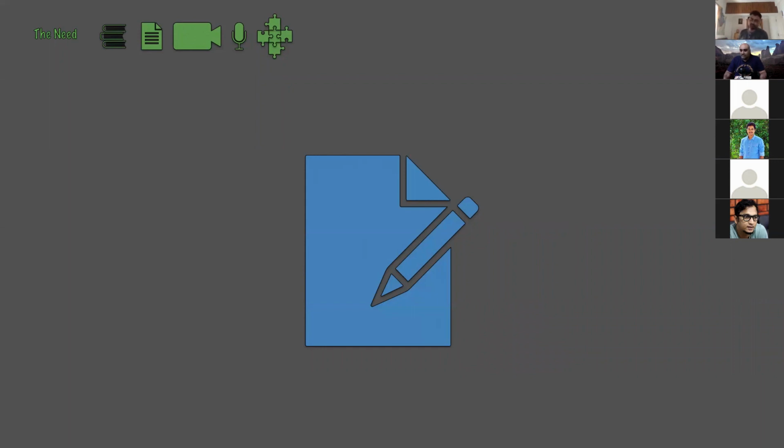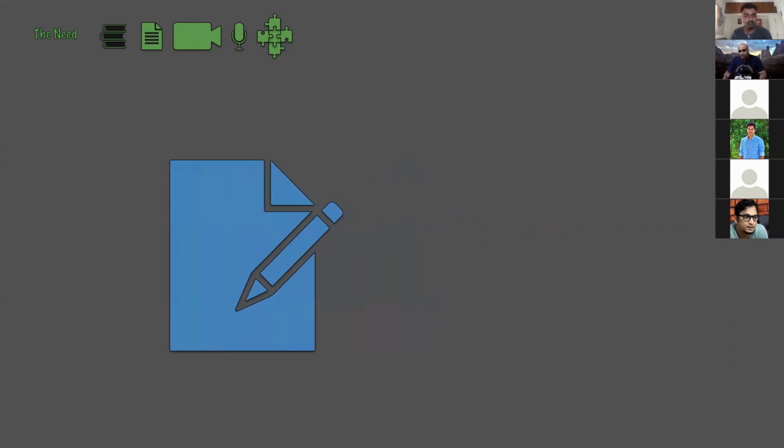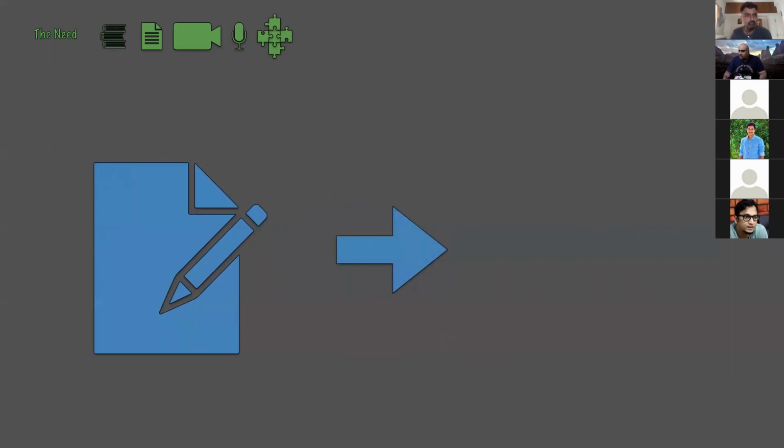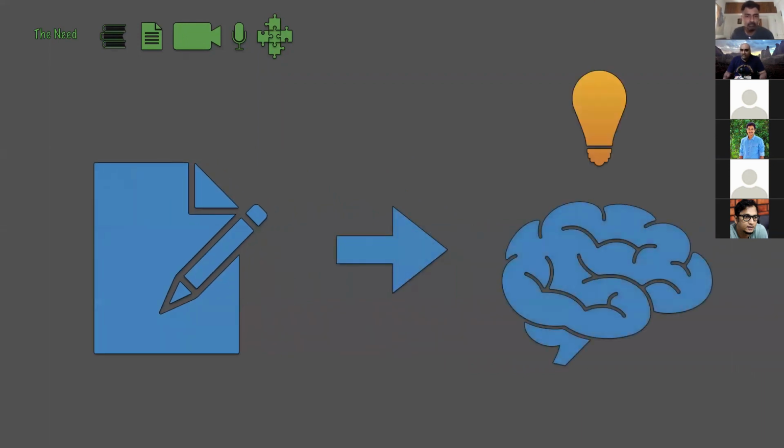So there are solutions available to many of these problems. It's just that we are not able to take one from one spot and keep it somewhere else. So net, how do we move from a note taker to somebody who actually generates insights? What can I do? Well, rather, what will help me in organizing my thoughts?